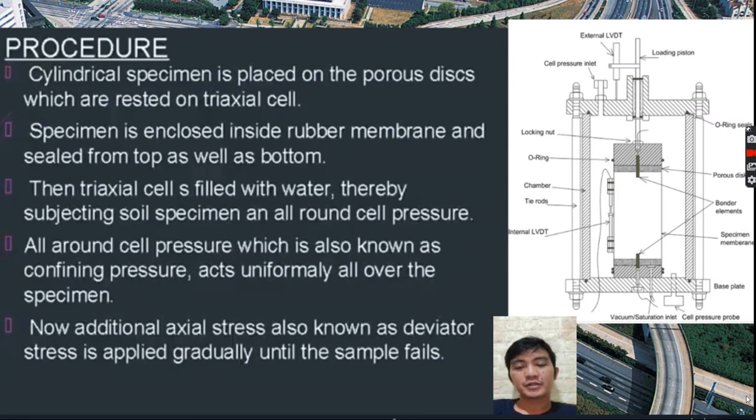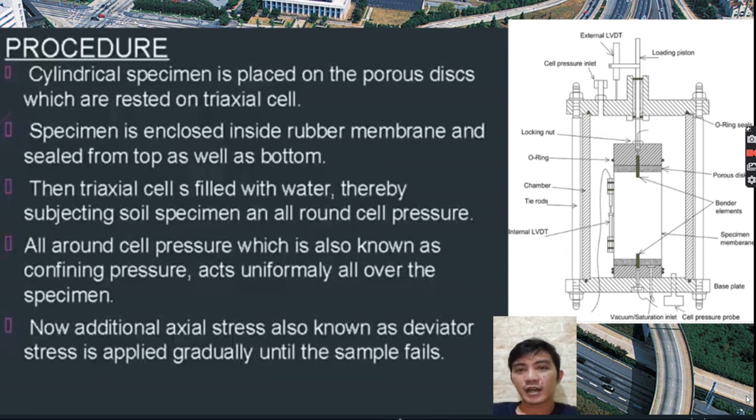The procedure: First, the cylindrical specimen is placed on porous discs which rest on the triaxial cell. Second, the specimen is enclosed inside a rubber membrane and sealed at the top as well as the bottom. Third, the triaxial cell is filled with water, thereby subjecting the soil specimen to all-round cell pressure.